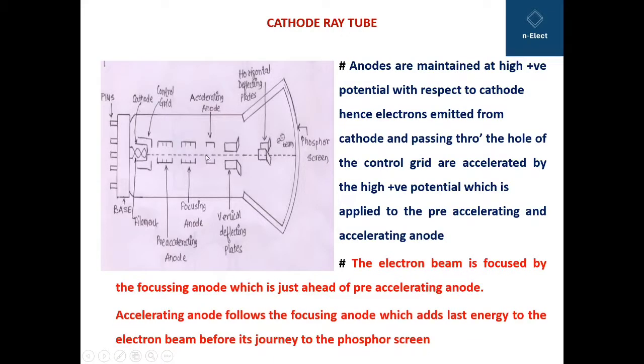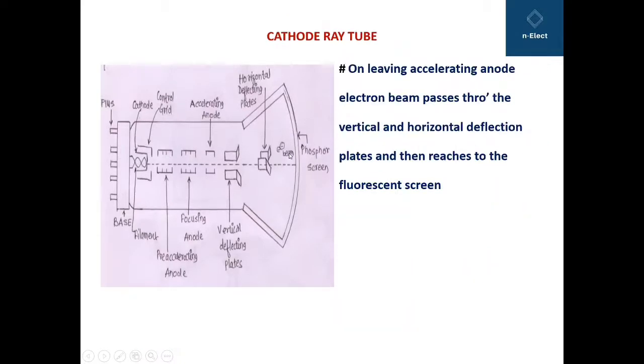The electron beam is focused by the focusing anode, which is just ahead of the pre-accelerating anode. The accelerating anode follows the focusing anode and adds the last energy to the electron beam before its journey to the screen.